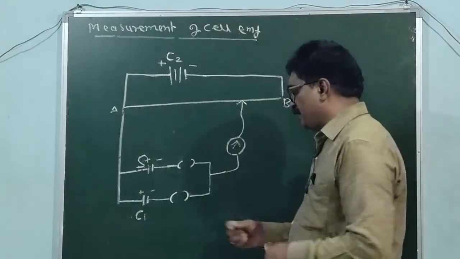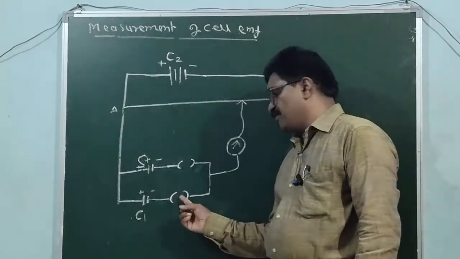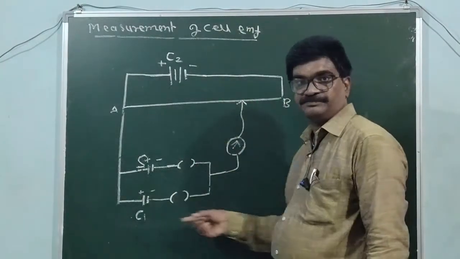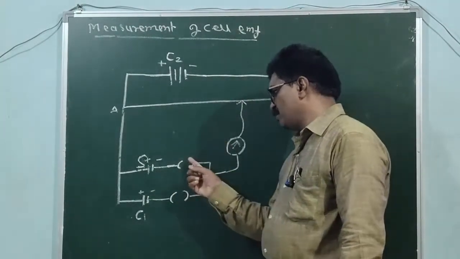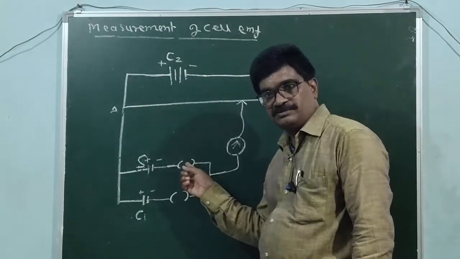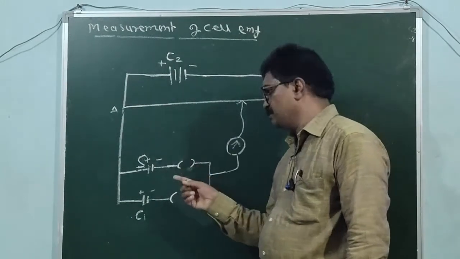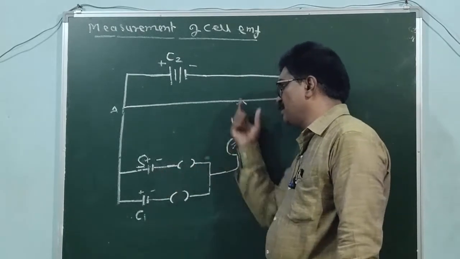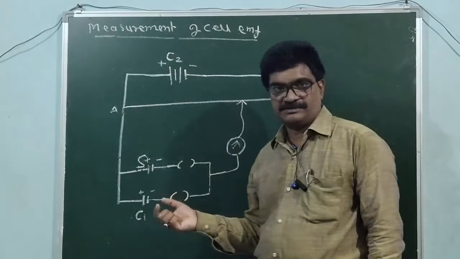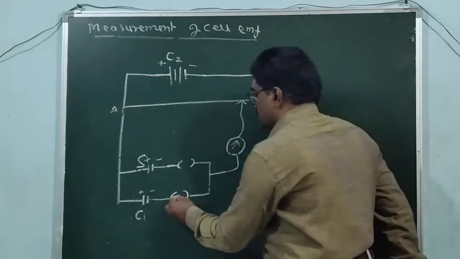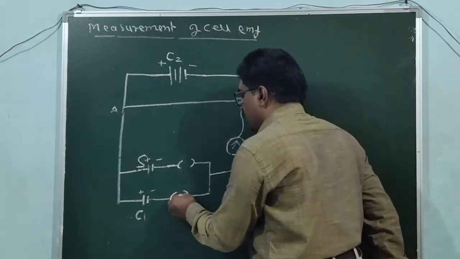Now when we close the key of C1, then C1 will be included in the circuit. When we close the key of S, then S will enter into the circuit. And let us put a key here.